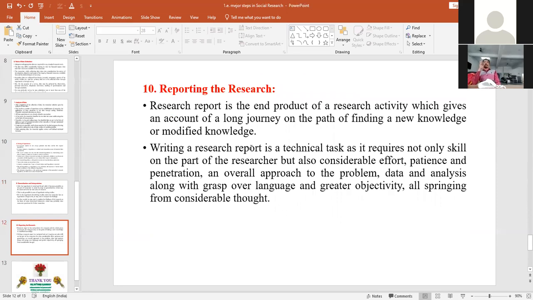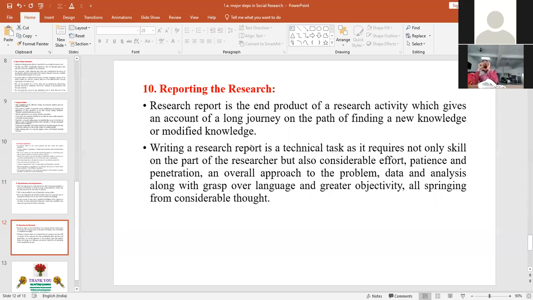And after completion of the interpretation, the writing of the research report is the most important ending procedure, the final step of the research steps. The writing of a research report is a technical task.